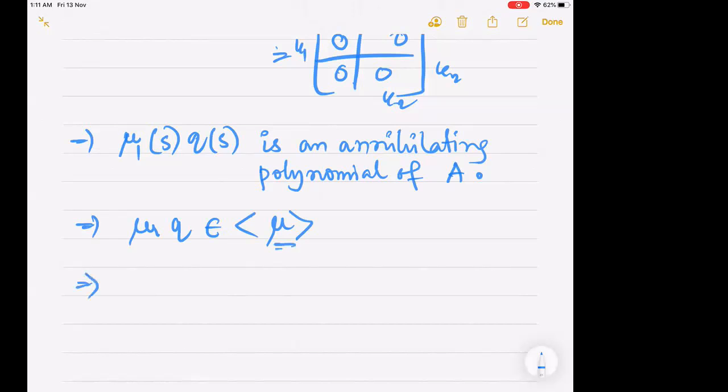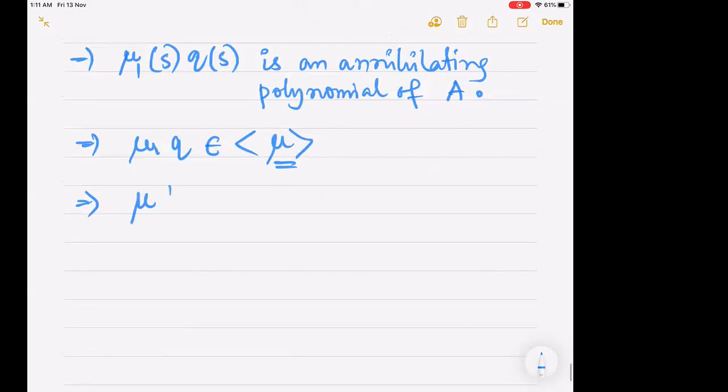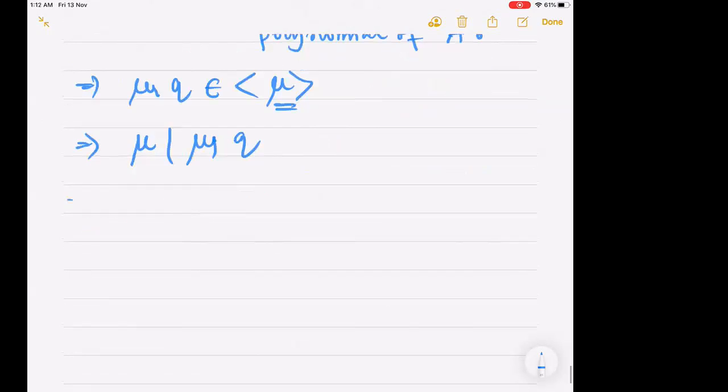Because mu is the minimal polynomial of A, which is the monic generator of the ideal of annihilating polynomials. So therefore, mu must divide mu1 Q. But you see, mu is actually the product PQ, so PQ must divide mu1 Q.